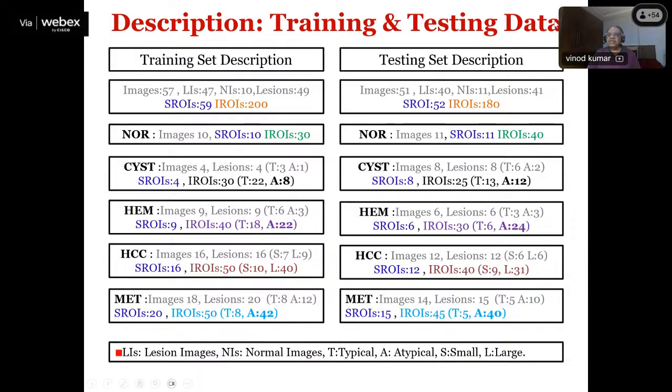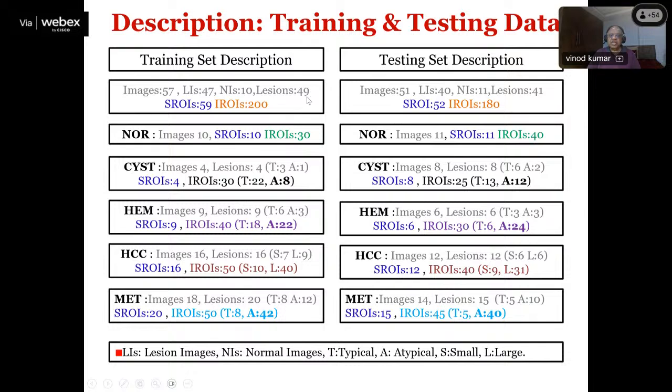Necrotic area is basically, somebody asked a question, where some blood vessel is there. That area we do not consider while taking the patches. So 57 images, 47 lesion images, 10 normal images.